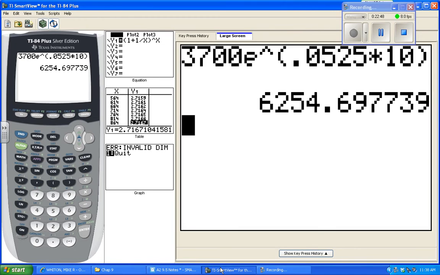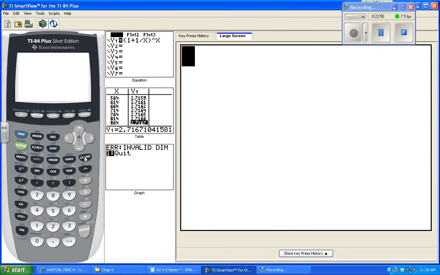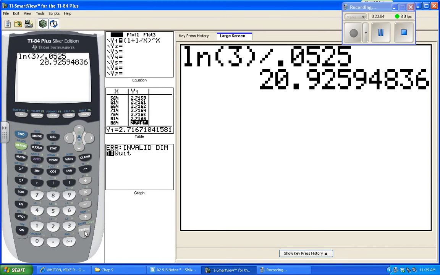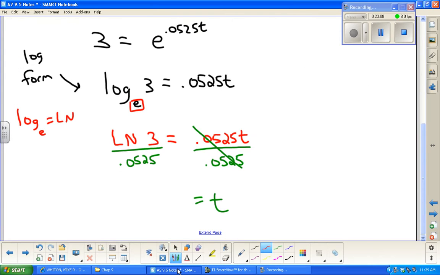Natural log's over by the 4 here, ln of 3. Make sure you close up that parenthesis. That's the only thing we're taking the log of. That log is getting divided by 0.0525. That cannot be part of the log, so we close the parenthesis. And there's our answer. It'll take around 20.9 years to triple your money if you're earning the 5.25%.